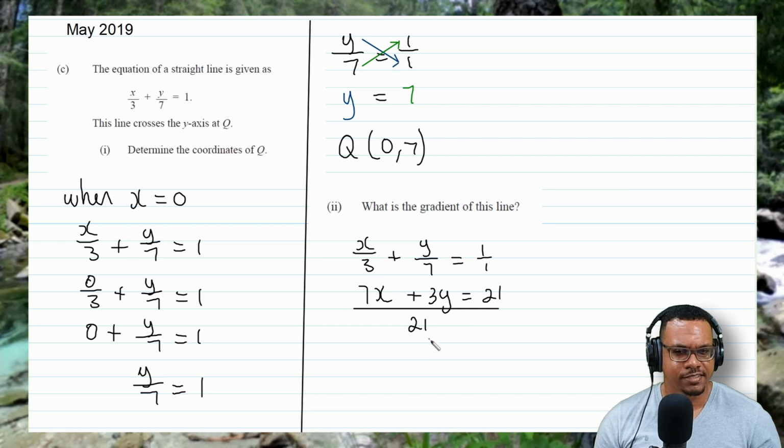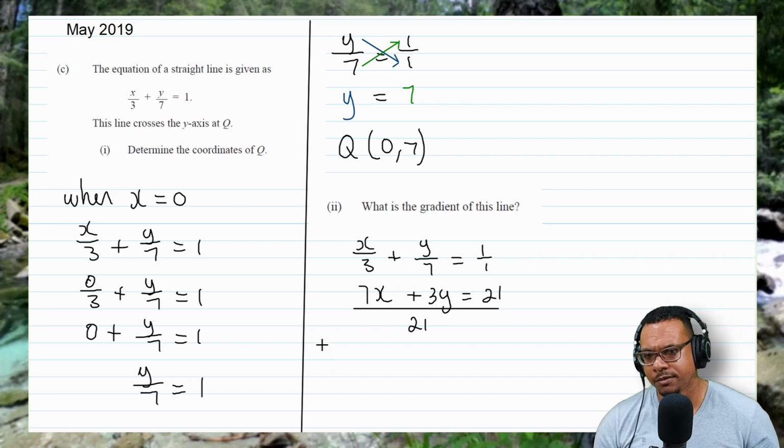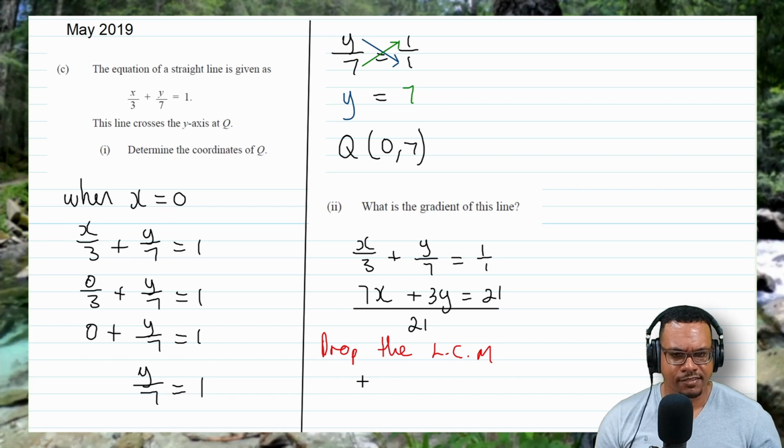Now, seeing that I found the LCM of all my denominators and used it on both sides of the equal sign, now I could drop the LCM.